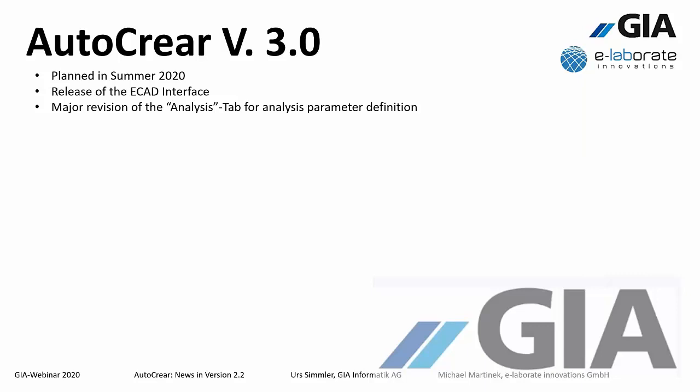And therefore, we introduce a major revision of the entire analysis tab. So this will get a complete new look in the version 3.0. And there is a clear distinction now between requirements and configuration.